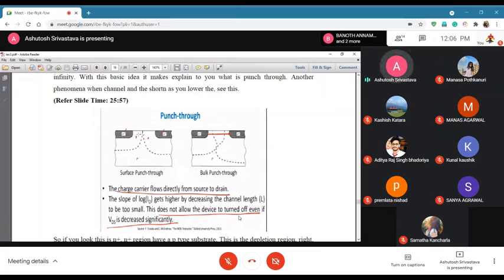So if the channel length is big enough, there will be no meeting point. If you see, this is the meeting point. This is happening because you are reducing the channel length.